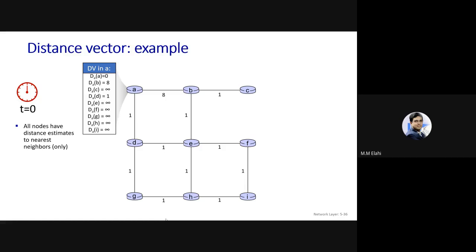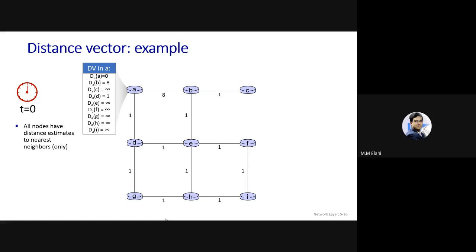Although we can see there are many different ways A can reach B, initially only the direct cost will be there. Then dA to D is 1, and all other nodes are not reachable initially, so those are infinite. Is it clear to everybody? Very simple. Only the direct cost will be in the table. Any question?